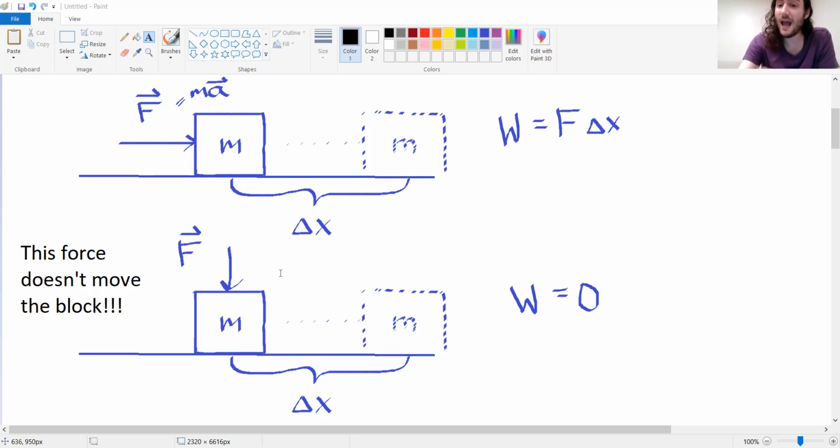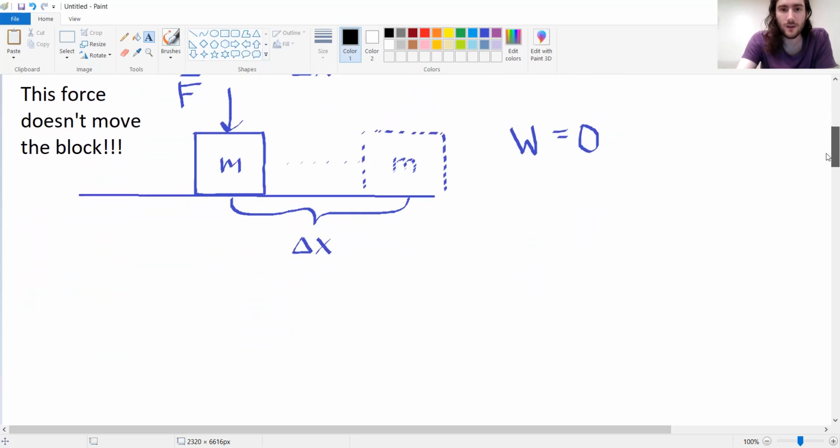So what we're going to say now is that only forces which are parallel to the displacement do work.